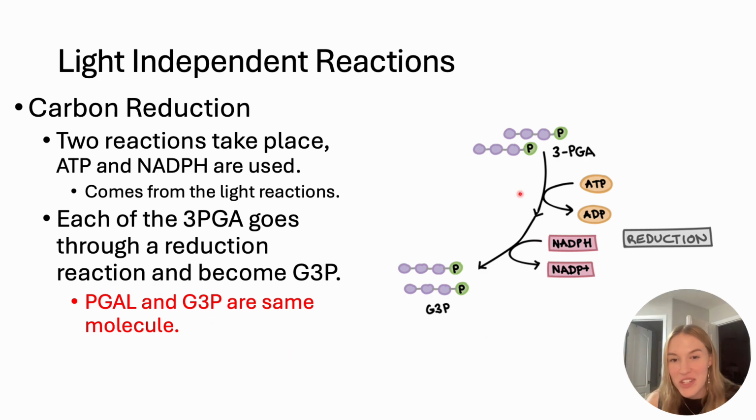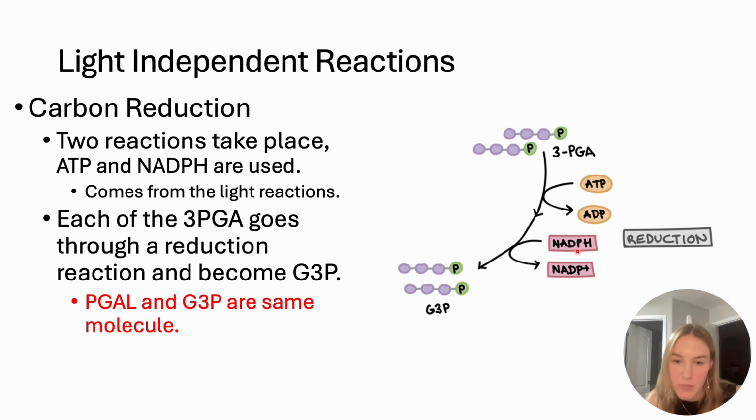Now, it seems like this shouldn't take a lot of energy. They look like they're the same molecule. They're not. There's a lot of interesting chemistry that goes on here, and that is going to take energy in the form of ATP, which came from the light reactions, and is going to take reducing power from NADPH, which also came from the light reactions. So NADPH will drop off its electrons.